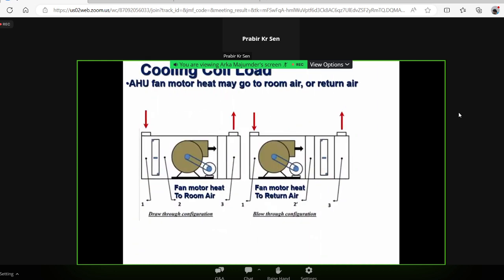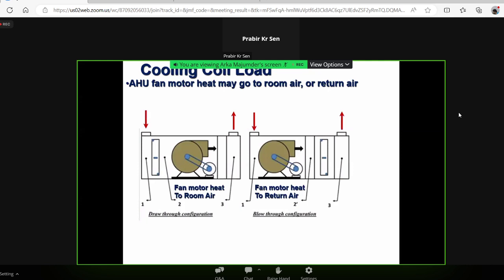Now, location of the fan motor. I have shown two types of air handling unit. You see, by red lines, I have shown return air coming inside the air handling unit, return air plus outdoor air coming inside the air handling unit, and the other one is the supply air.